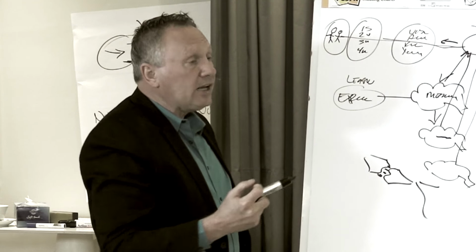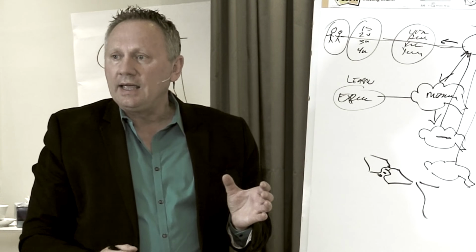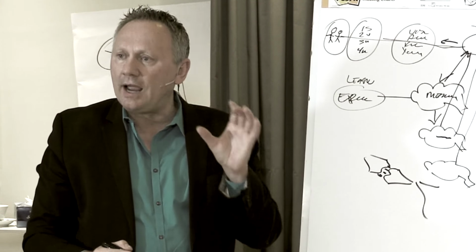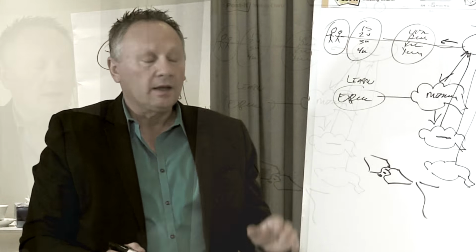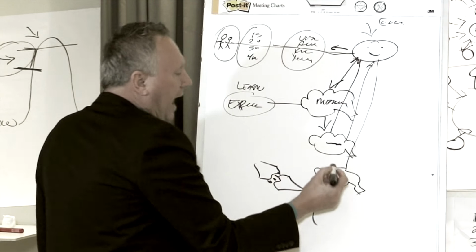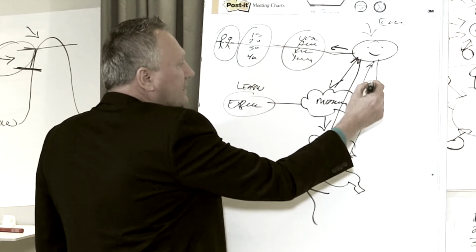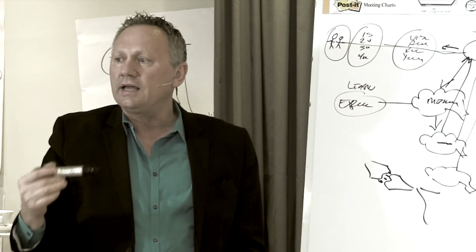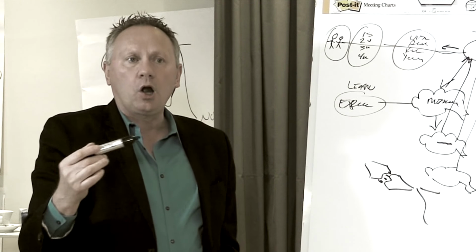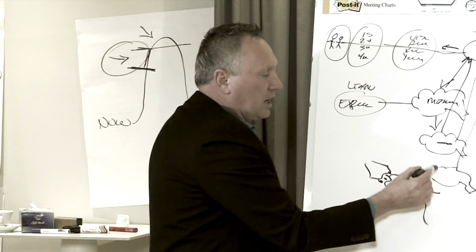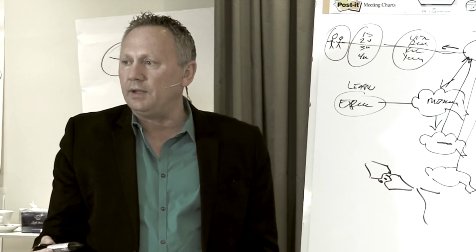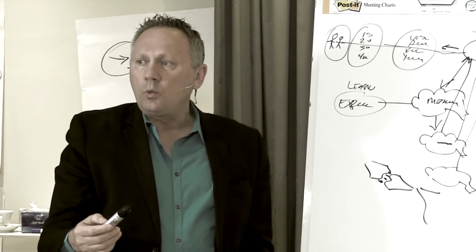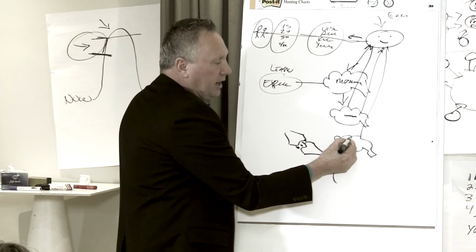Now, the key to rewriting a memory is catching it at the right point. As soon as you access the memory, that is the point at which we would defractionate or interrupt the contents inside the memory. That means we can tap on it, we can do different things to change the memory.